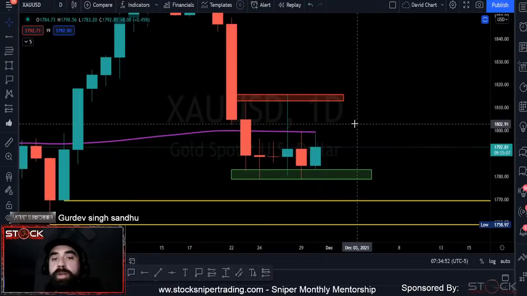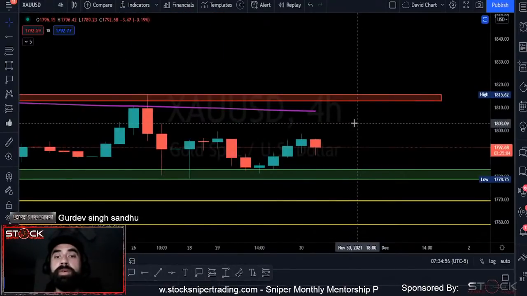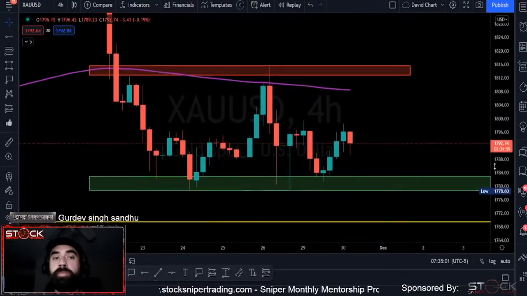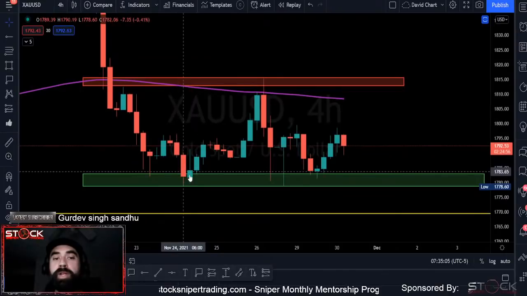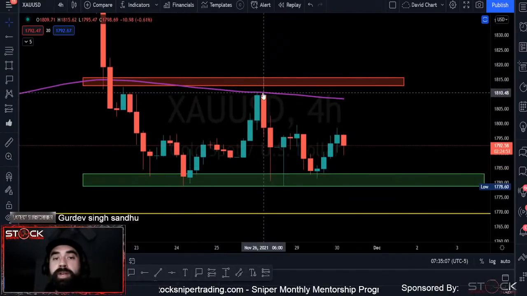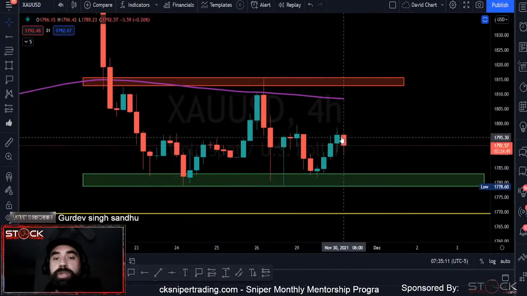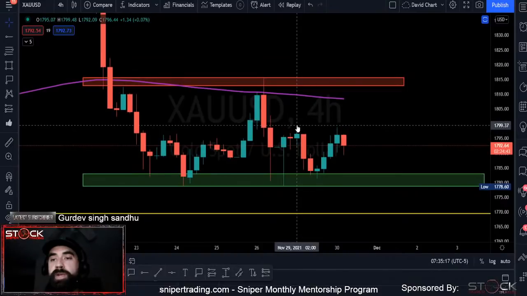Since we have everything done on the daily, let's drop it now down to the 4 hour. Check out what we're looking at here. You can see that on the 4 hour, we might be forming a double bottom, with roughly right here the neckline. We have a bottom here, and now we're trying to get a push, but we're getting rejection also at roughly that 1799.3, which you can see by these wicks right here.